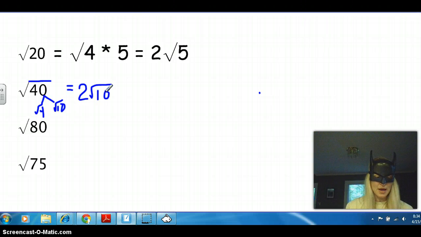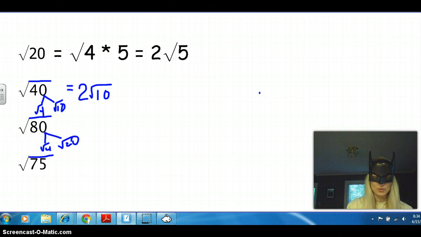Okay? And we have the same thing with 80 here. And we have the same thing with 75. For 80, again, we can say the square root of 4 times the square root of 20, right?